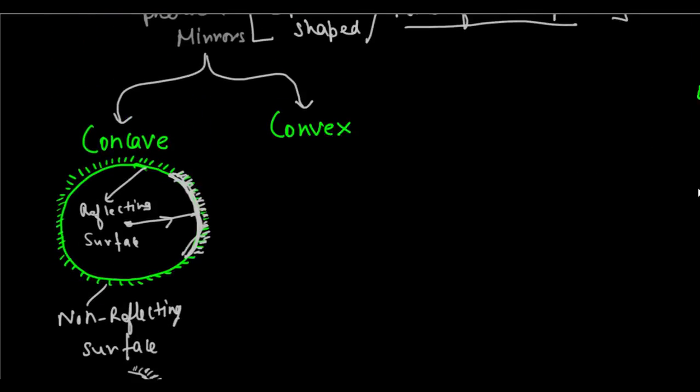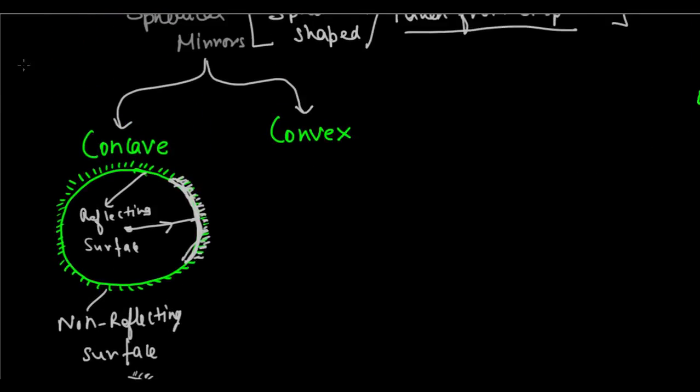Then we go on to the next kind of mirror, which is the convex mirror. Now, if we look at the sphere from which the convex mirror is obtained, here the inner surface is the non-reflecting surface. This surface right here, which is inside, does not reflect. It has been coated with something and does not reflect.